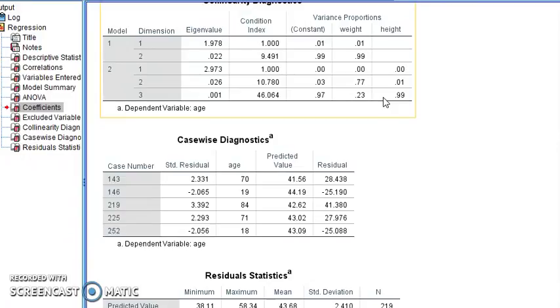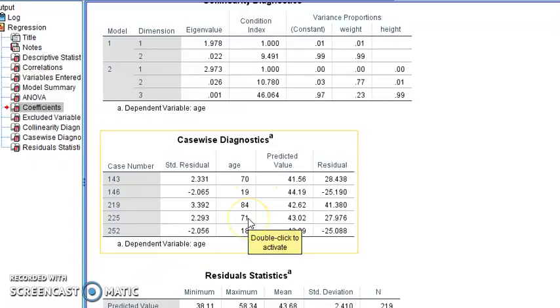This case-wise diagnostics table is going to tell us that in our data set, we actually have these 5 cases that fell above those plus or minus 2 standard deviations. And it actually makes sense because if you look at the ages, it's basically our 3 upper ages in our data set, and then our 2 lower ones.